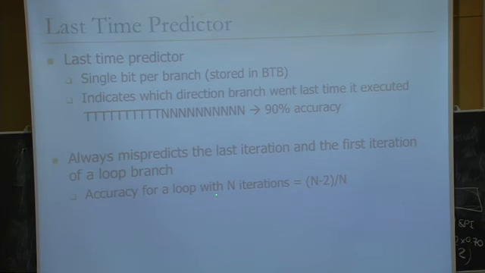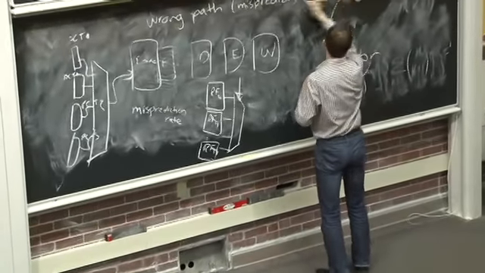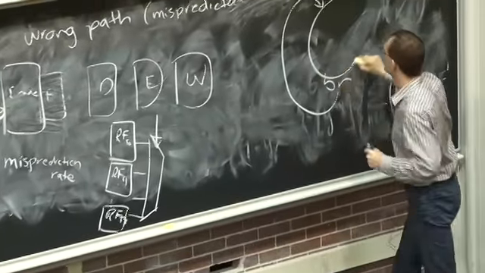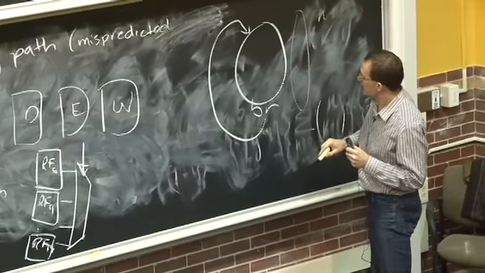Okay, so the downside of this is it always mispredicts the last iteration and the first iteration of a loop branch, right? Because think about a loop branch: you have a branch that goes this way, and this is the loop body.